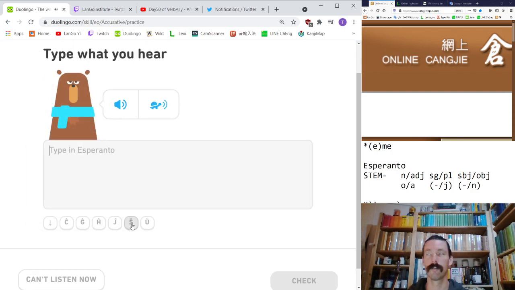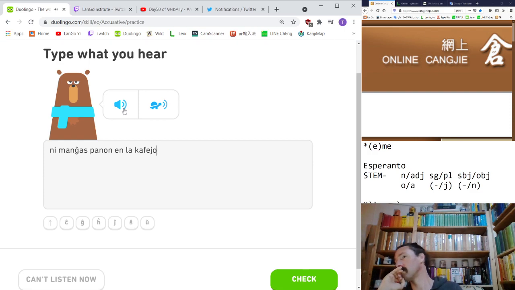Ni manĝas panon en la kafejo. Just panon, bread. Eat bread. En la kafejo. In la kafejo. Ni manĝas panon en la kafejo. Kafejo with no object marker, which to me just feels really odd.